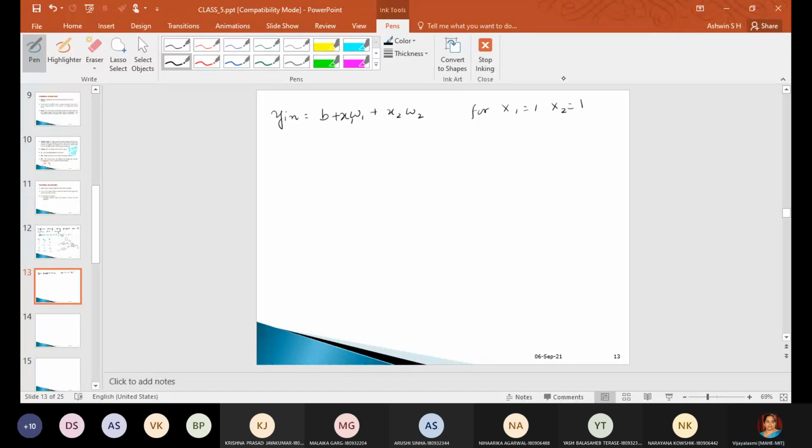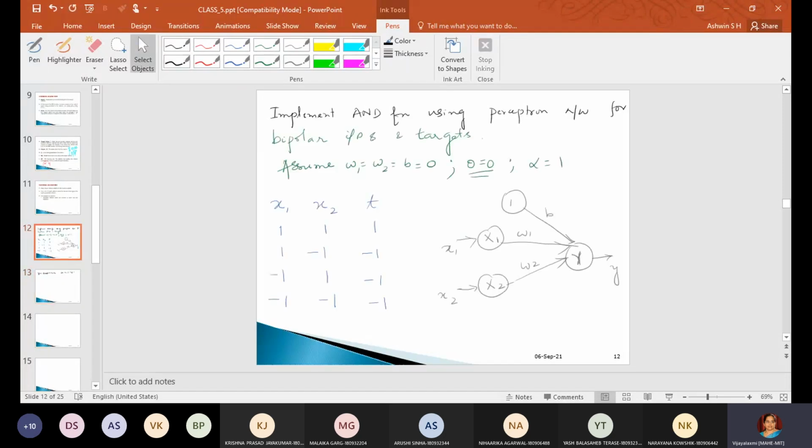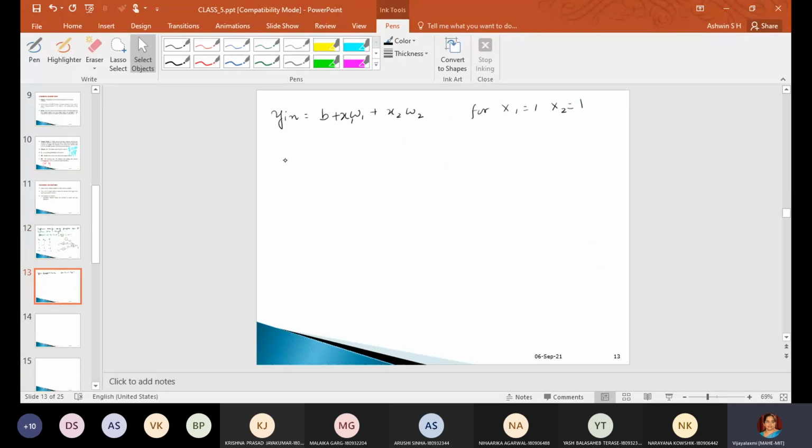We have started with the b value 0, and w1, w2 both are 0. So here y in will be 0 plus x1 into 0 plus x2 into 0, where x1 is 1 and x2 is 1.